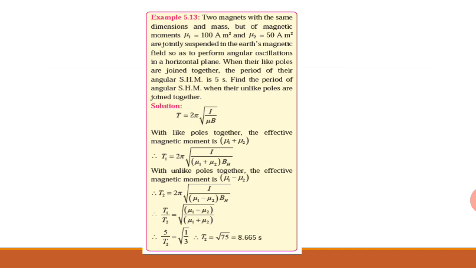So we easily get this kind of ratio, because the rest of the things get cancelled, as they are all equal. So T1 by T2, and T1 is also known in the first condition. Then T2 can be written as 8.665 seconds.